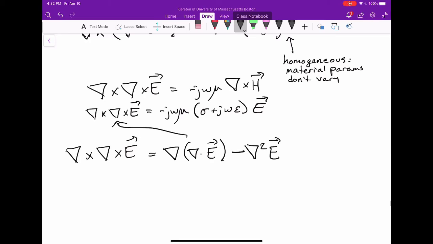Oh, and there's one other important fact that we need to know here, and that is, since we're in a source-free region, that means that there's no volume charge density. That means that the divergence of D is 0.